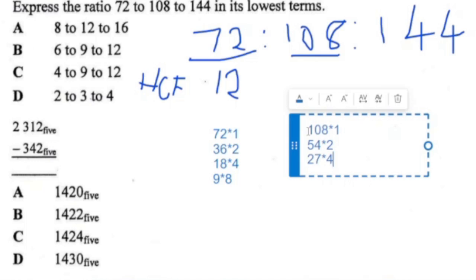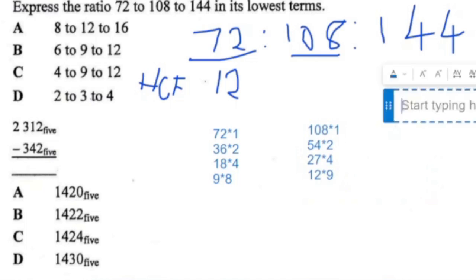Is there anywhere I've made a mistake? No. I want 12 to come here, so I'll also have 12 times 9. These are the numbers we can multiply to get 108.